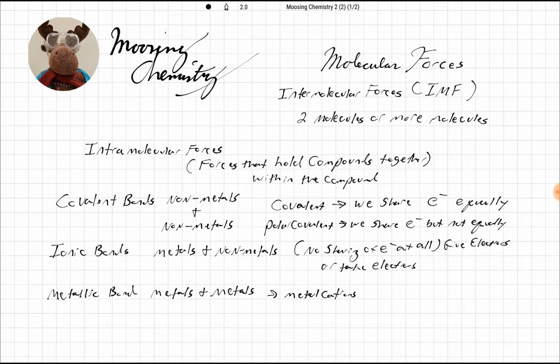So it's metal cations in a sea of electrons. So it will look something like this. Here's a cation right here, here's a cation right there, and there's a cation here. You might have a cation here, you could have a cation there, you have a cation there. Right? And you have all these electrons in between these guys, all around these guys, just swarming the thing totally up. And so that's the three types of intramolecular forces.